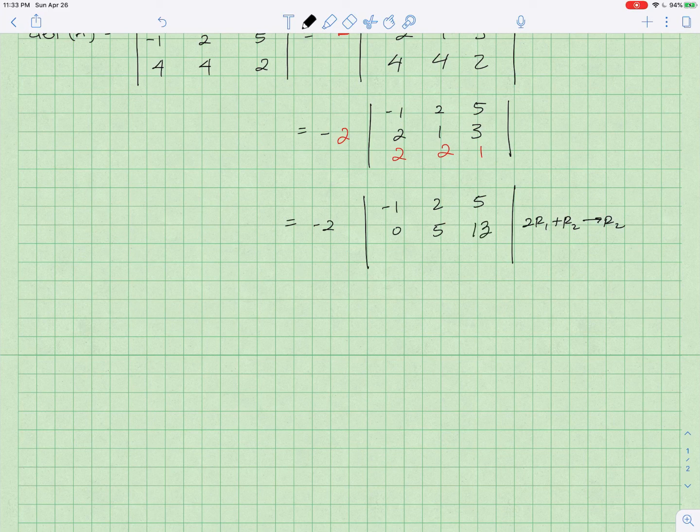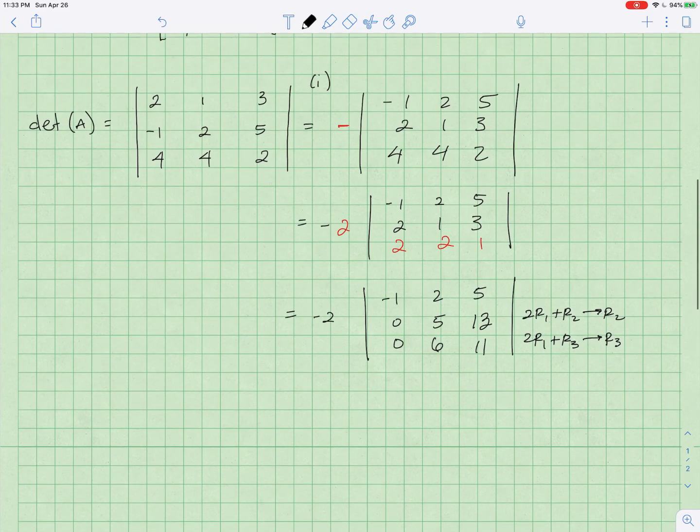And then 2 times row 1 plus row 3 is my new row 3. And we have -2 plus 2 is 0. 2 times 2 is 4, plus 2 more is 6. And then twice 5 plus 1 is 11.